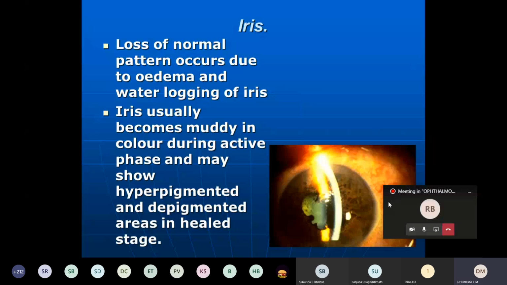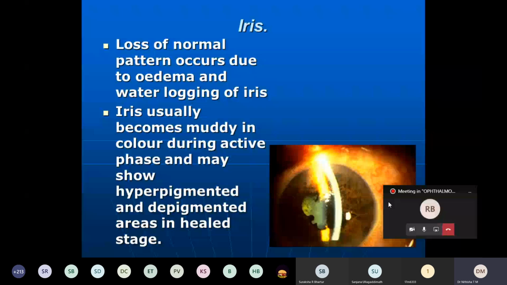So you know about KPs now, types of KPs, sizes of KPs. Next, what you can see in the iris. So in the iris, you should always remember, when there is acute iridocyclitis, the iris pattern will be lost due to waterlogging of the iris, and there can be edema. Due to edema and waterlogging within the iris, there can be loss of the iris pattern.